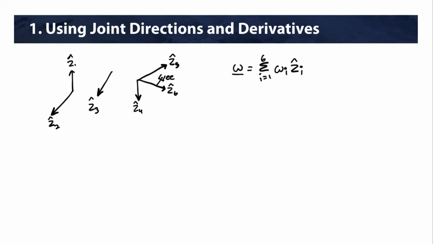Our translational part will just be the partial derivative of our x vector with respect to joint i. So our Jacobian then becomes that of our end effector point with respect to some reference frame.